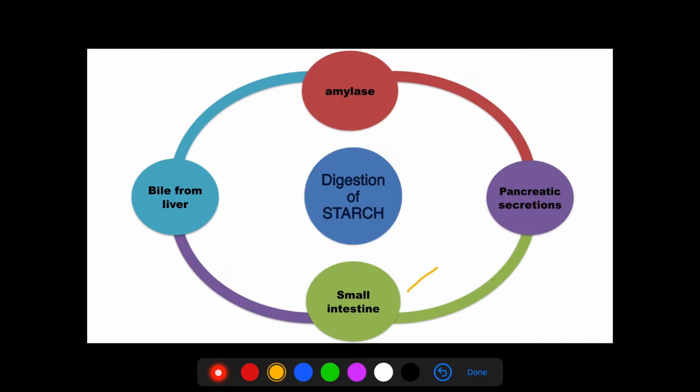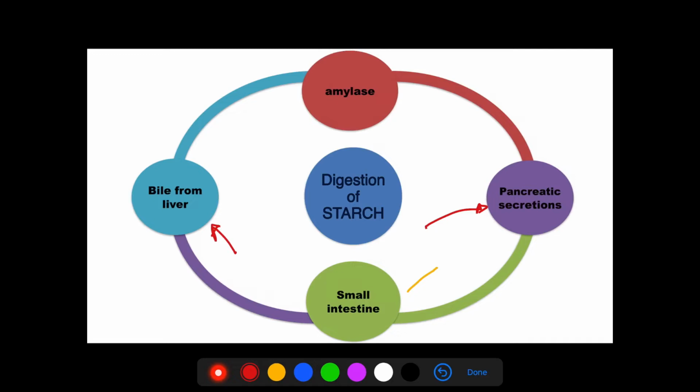When food reaches the stomach and the intestinal tract, it sends biochemical signals to the pancreas. The pancreatic secretions and, of course, the bile coming from the liver will neutralize the acidity in the stomach, and in short, change the pH into a more basic one to digest the starch.